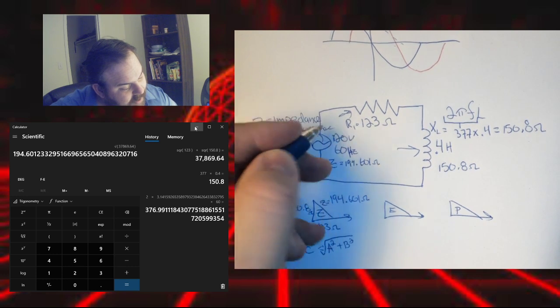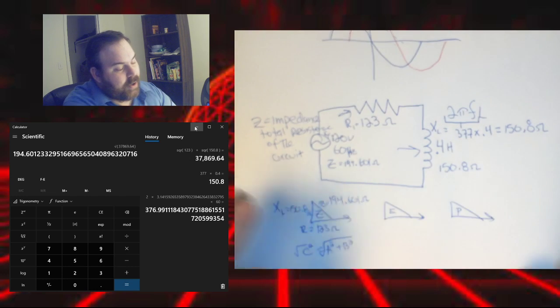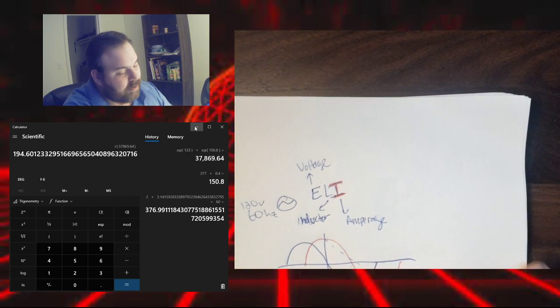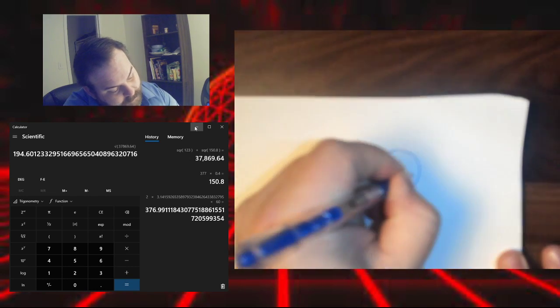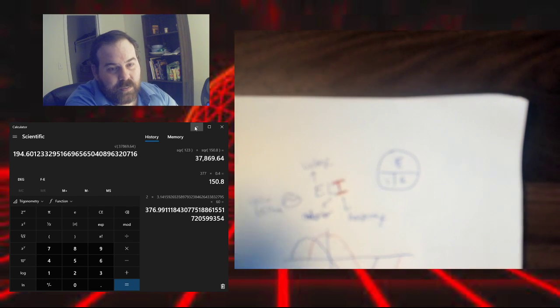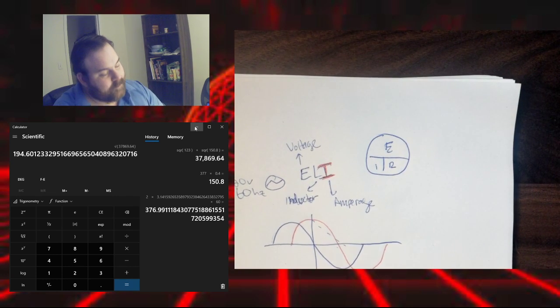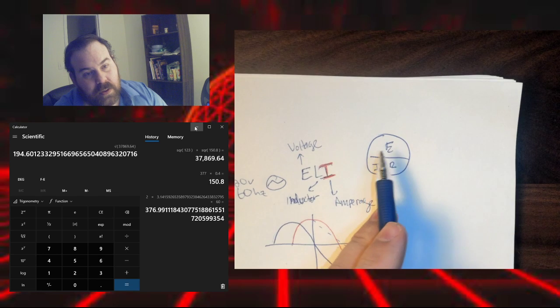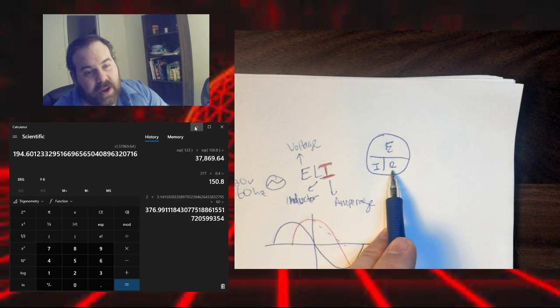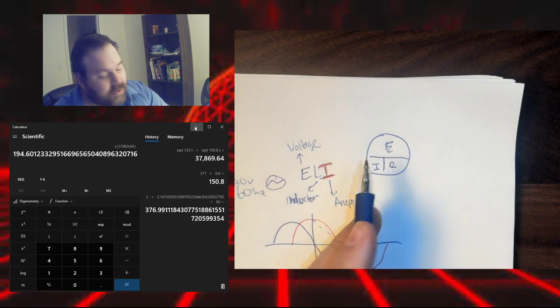So this 120 is the total voltage of the circuit. And we already know, because we know a little bit of Ohm's law, E over I times R. But we're going to change this a little bit, because we're not using R right now, we're going to do the totals.